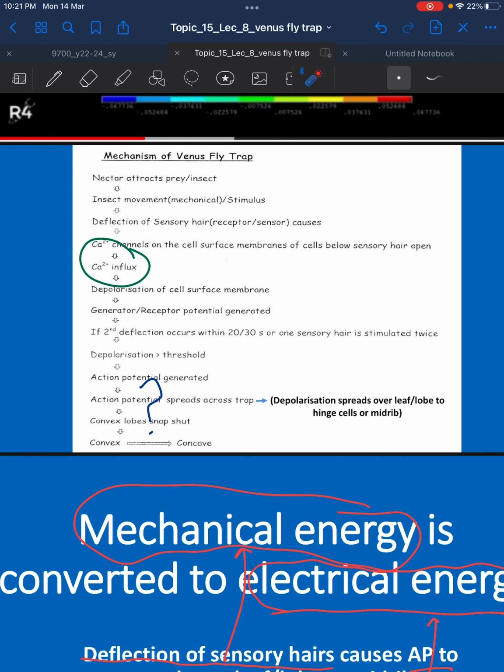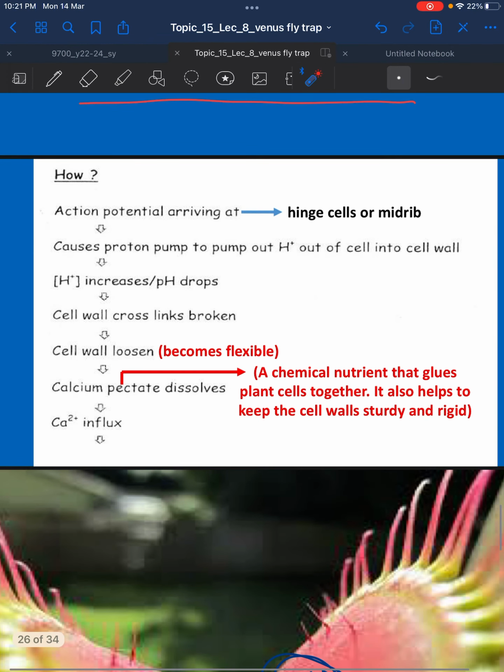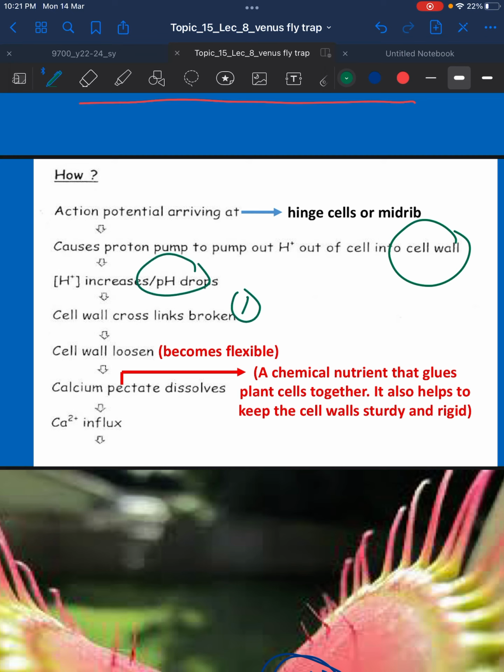Okay, and then when the action potential arrives at the hinge or midrib, the pumping of protons occurs from cytoplasm to cell wall. This is important, cell wall. And then pH drops, weakens the cross-link in the cellulose cell wall, and dissolves calcium pectate.